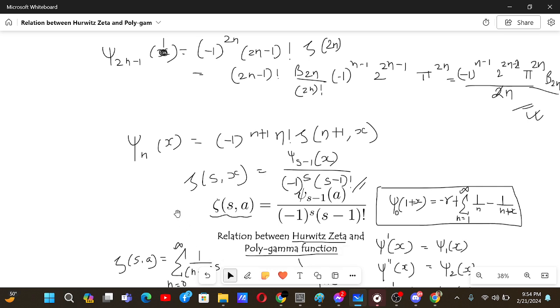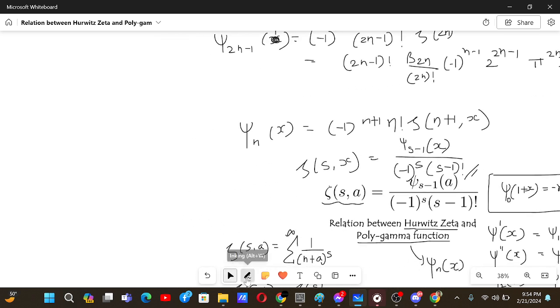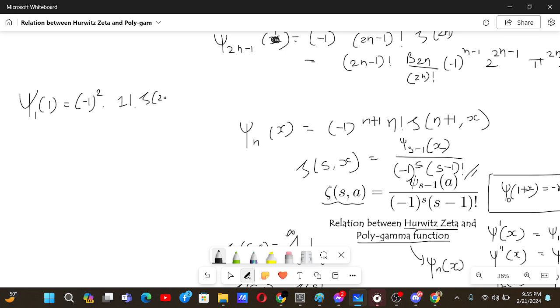Okay, similarly if you have to find other values, like if you have to find digamma 1 of 1, you can use this formula, or you can also use this one also. So basically you will have minus 1 squared and then 1 factorial and then Riemann zeta of 2 comma 1 is Riemann zeta of 2.